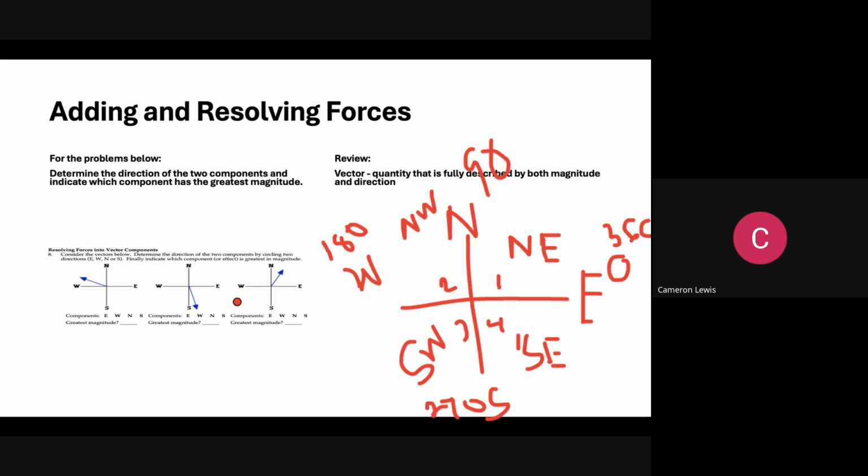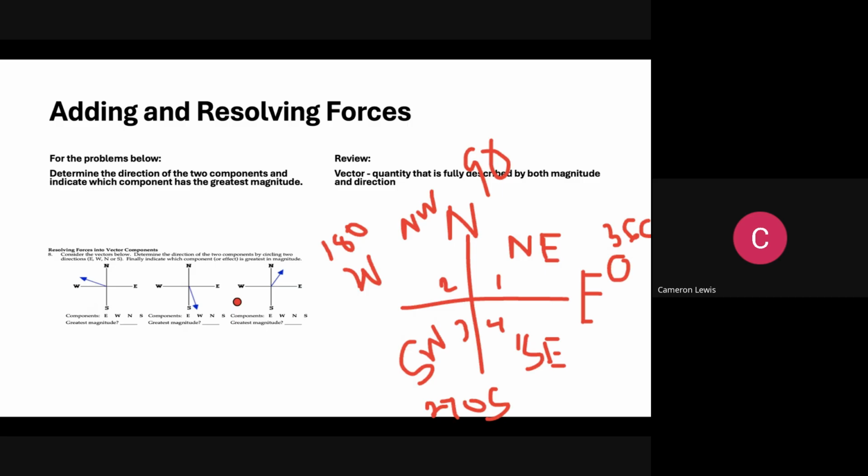When it's saying the greatest magnitude, we're trying to figure out which component contributes the most to the vector. Looking at that, is the vector going more towards the north or more towards the west? To the west. It's closer to the W, even by the angle.